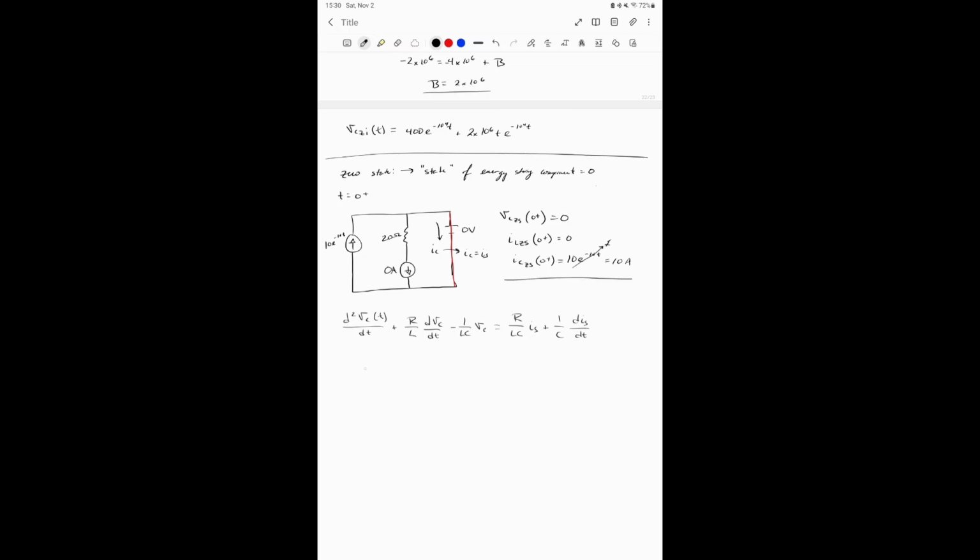So, okay, let's start with the homogeneous, which is going to be the same thing that we did before. dVc 0 state homogeneous over dt, plus R over L, dVc 0 state homogeneous over dt, minus 1 over LC, VC 0 state homogeneous, and that's equal to 0.